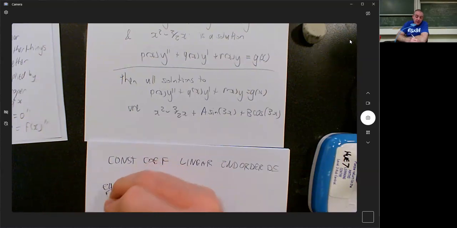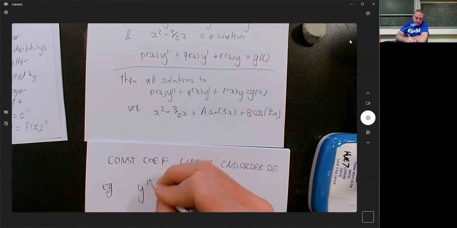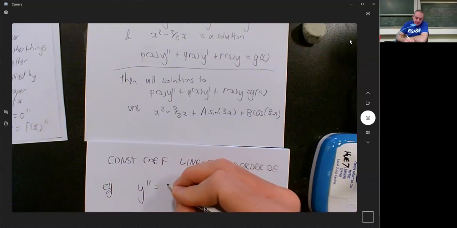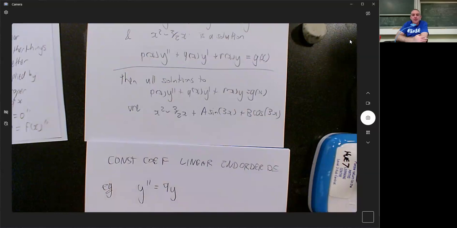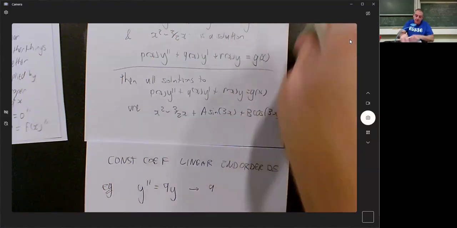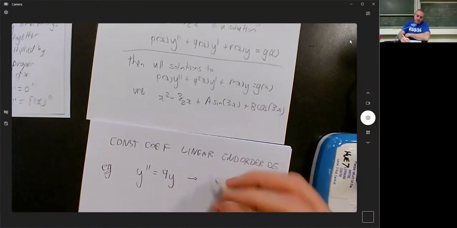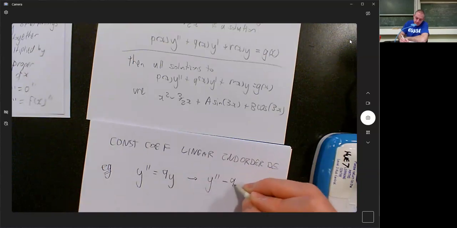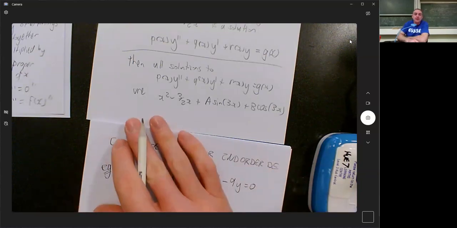The most fundamental and basic kind of second-order constant coefficient linear differential equation, yep, homogeneous as well, is this one. And it is linear and homogeneous because I can rearrange it to this.